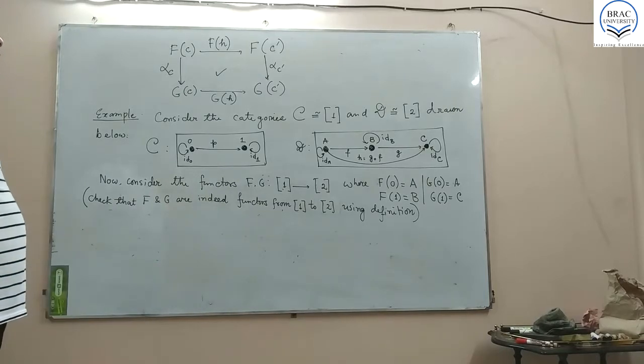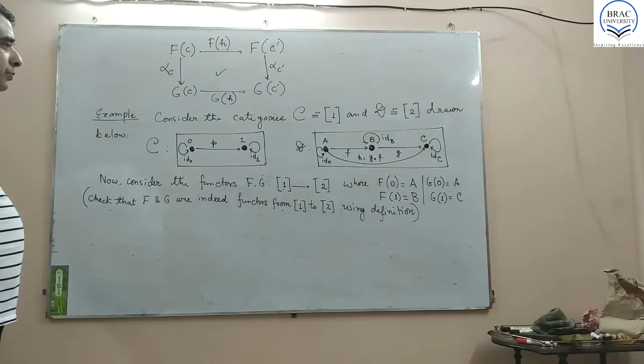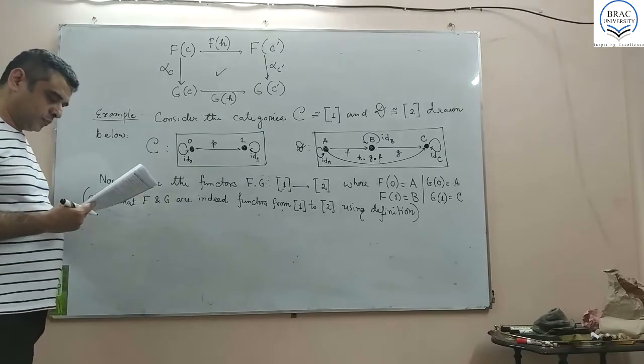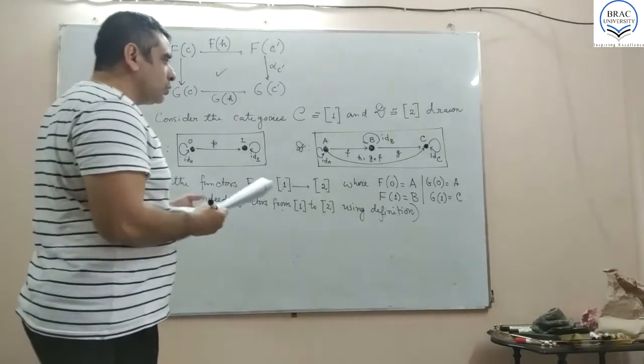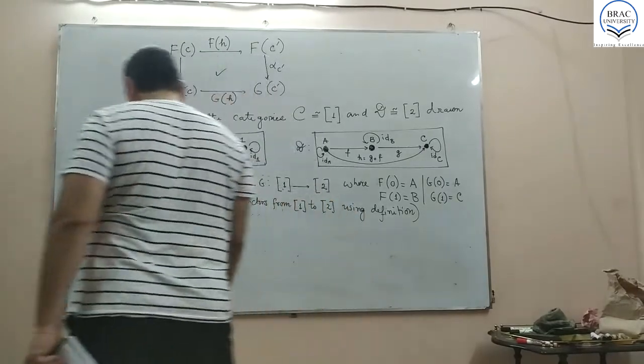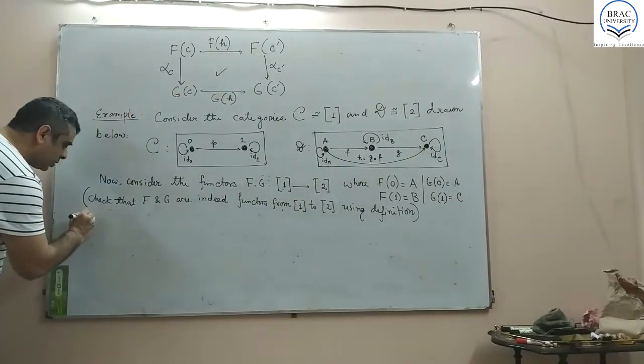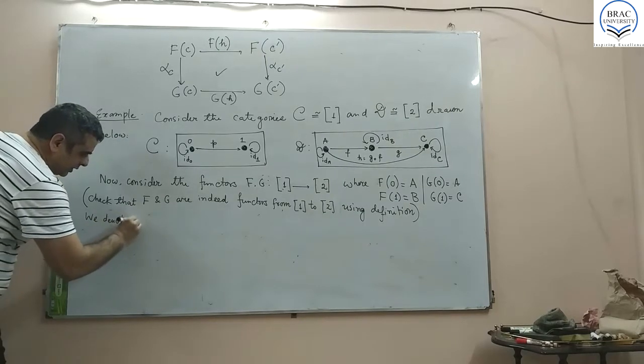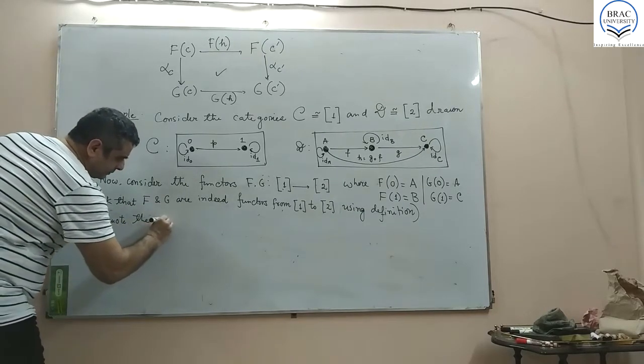So it turns out that there is only one natural transformation in this case, which we denote by alpha.